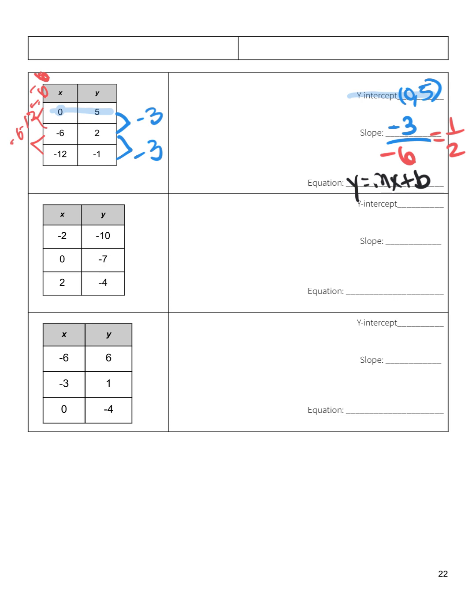M is my slope, which is -3/6 or 1/2. And my b is my intercept, which is 5. And that would be the equation.